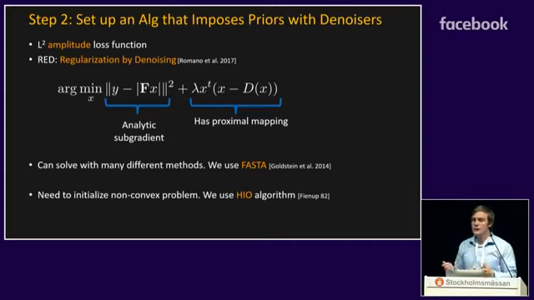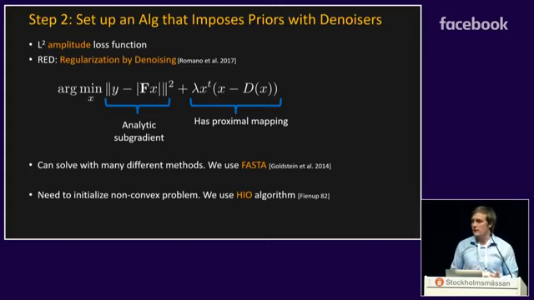If it removes structure from the signal, the resulting residual is going to be correlated with x. Now, once you have this expression, you can derive an analytic subgradient for the data fidelity term, and a proximal mapping for the regularization term, which opens you up to using a variety of optimization frameworks, including FASTA, which is what we used here.